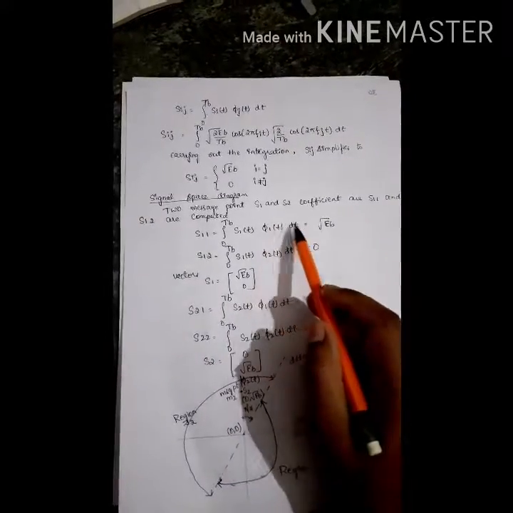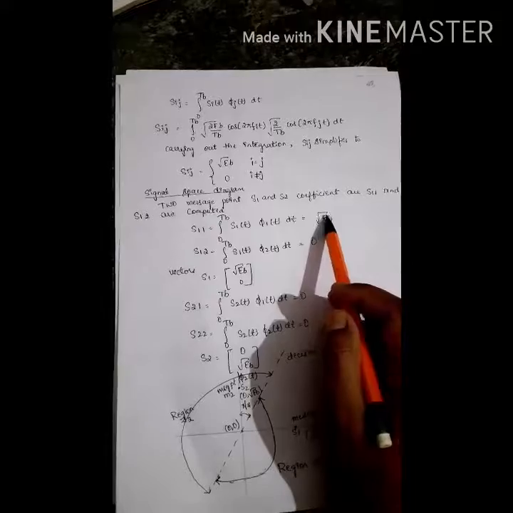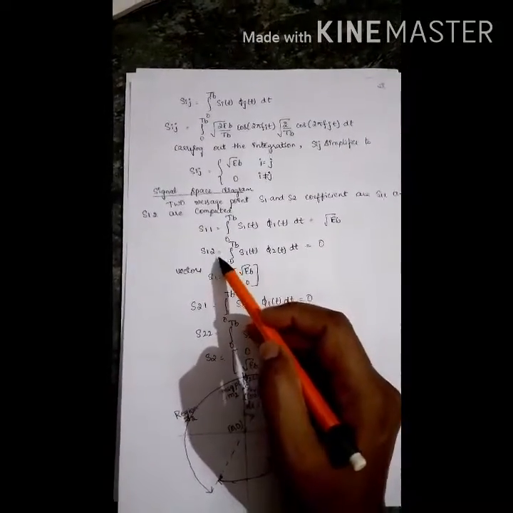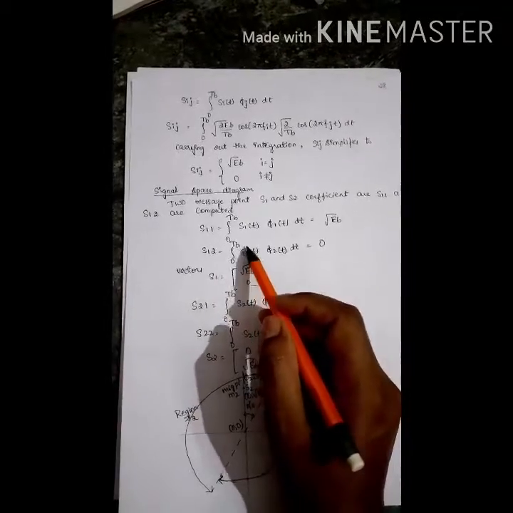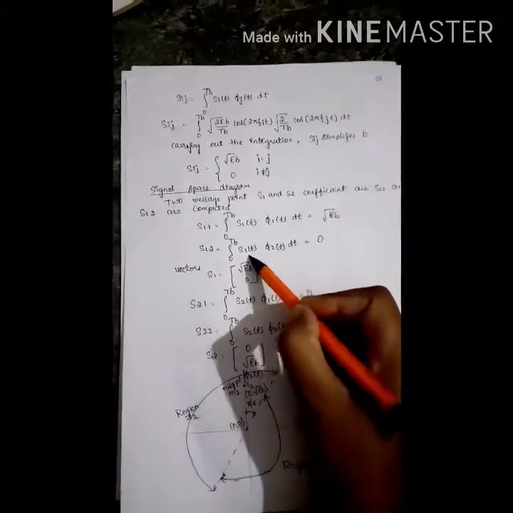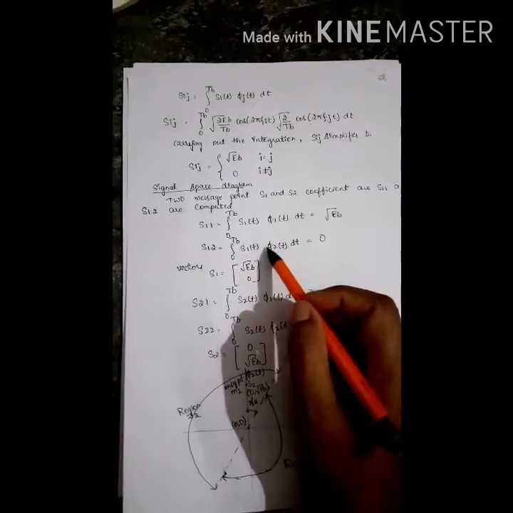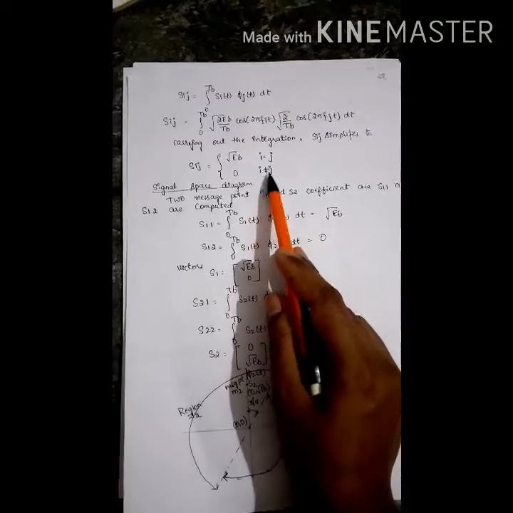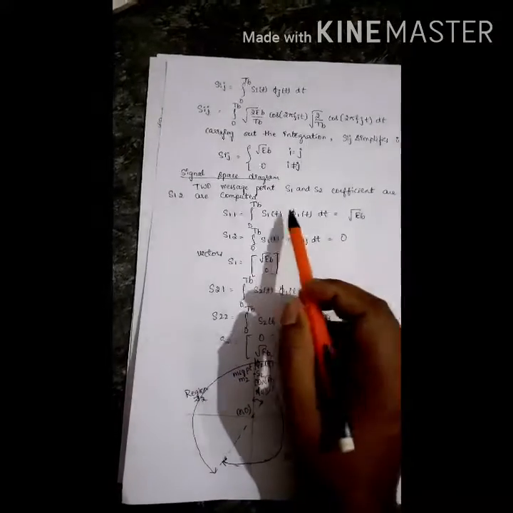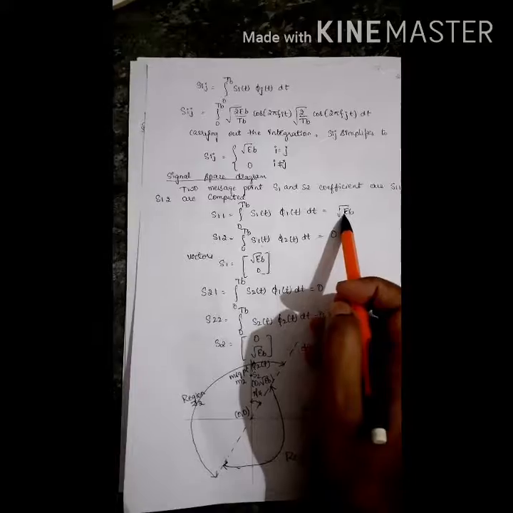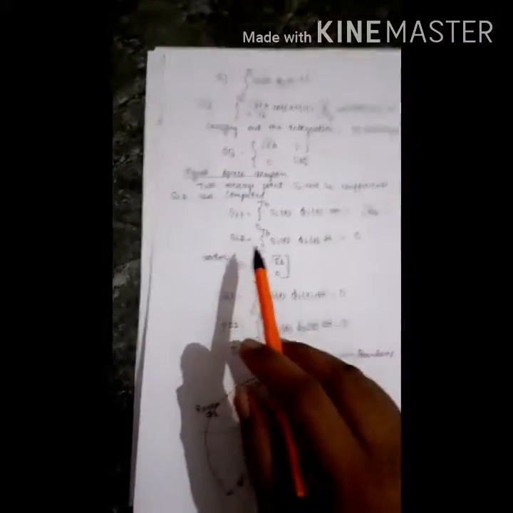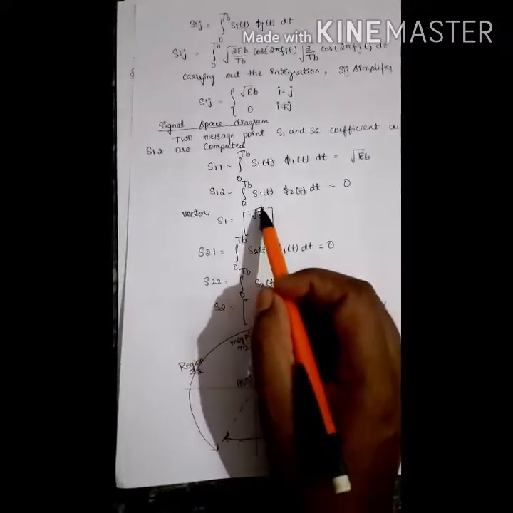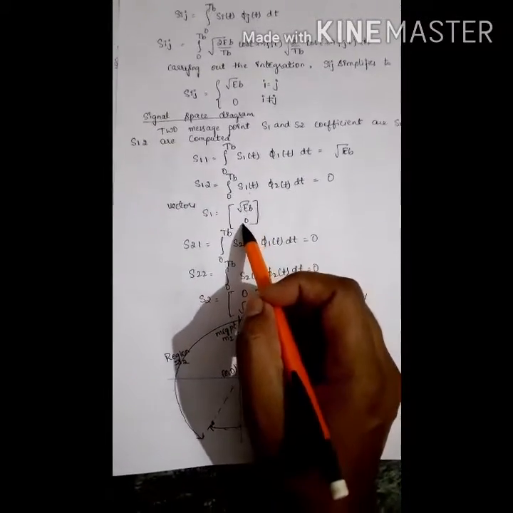If we simplify this equation, we get square root of EB only, and S12 is equal to the integral from 0 to TB of S1 of t into phi 2 of t dt, which is equal to 0, because when i and j are not equal, the value will be 0. If they are equal, then the value will be square root of EB. Like that, the vector S1 is equal to square root of EB, 0.